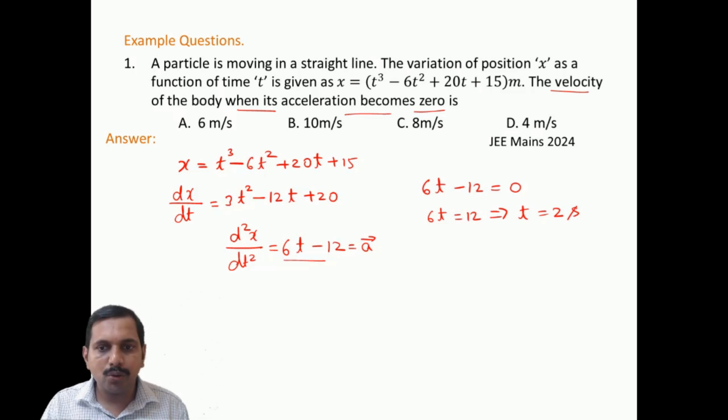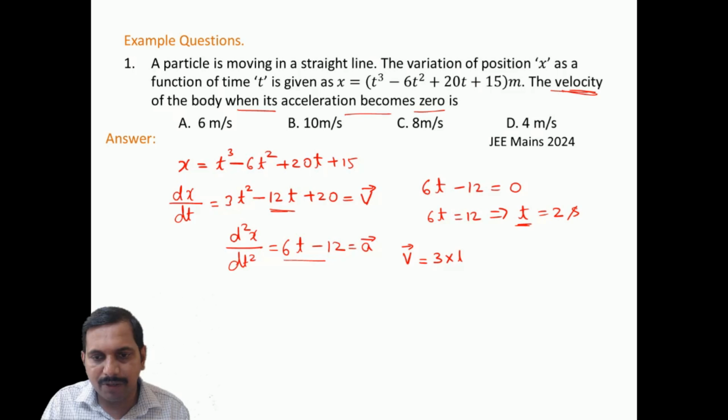Now if time is equal to 2 seconds, then we have to substitute. Okay, what is asked? Velocity is asked. So we have to substitute t is equal to 2 seconds in the velocity equation. What is the velocity equation? dx by dt, that is the velocity, right? So velocity is equal to 3 into t square, instead of t square we will put 2 seconds, so 2 square, minus 12 into 2, wherever t is there we are substituting 2, plus 20.